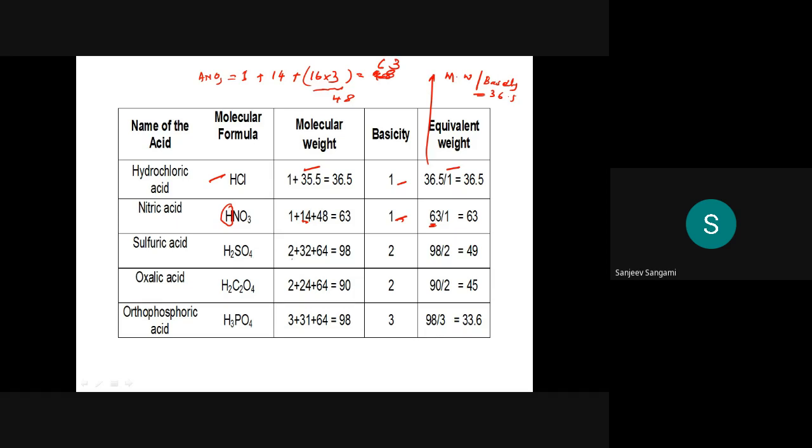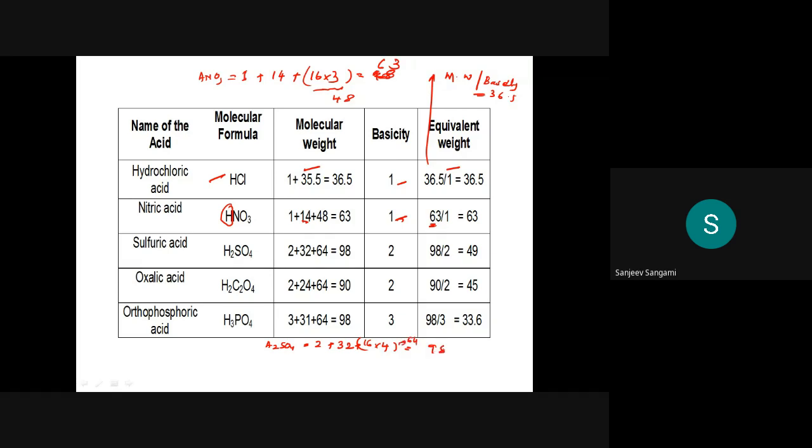Similarly for H2SO4, how is it calculated? H is 2, so 2 plus sulfur, whose atomic weight is 32, then oxygen is 16 into 4, which is 64.